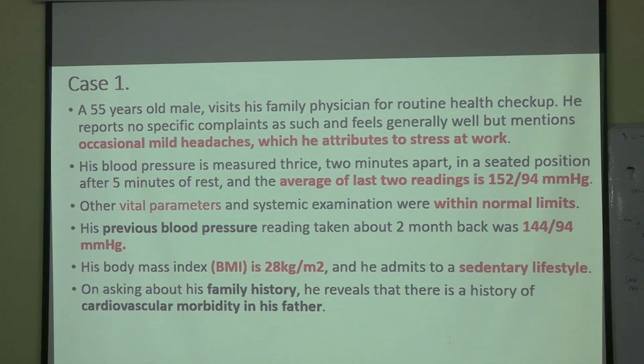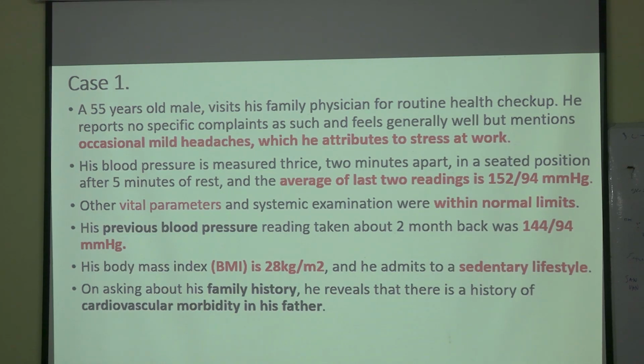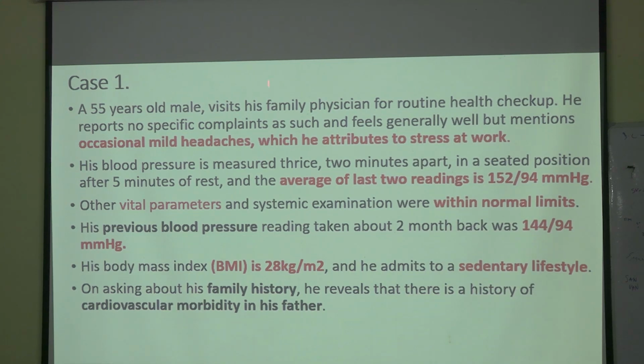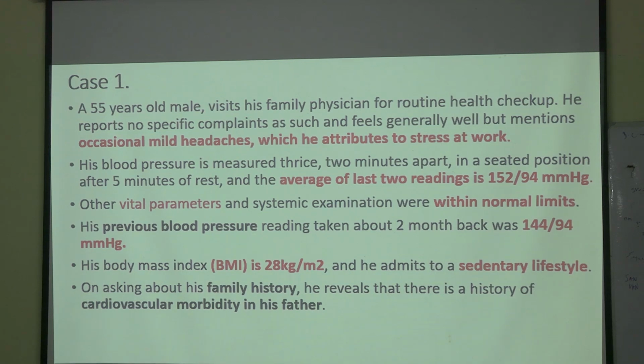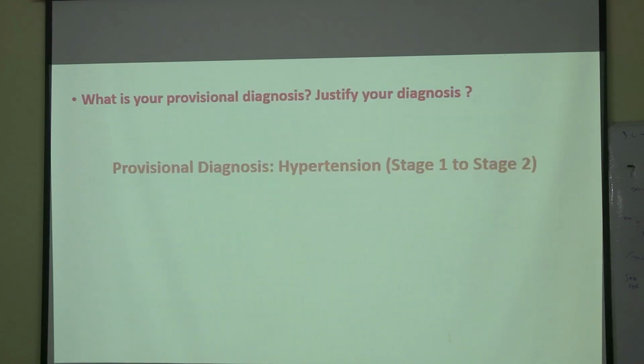If the blood pressure values persist for a longer period of time, there is a high chance of the development of a disease called hypertension. So based on this information, we can say the subject may have hypertension, either stage 1 or stage 2. Now we have to justify this.